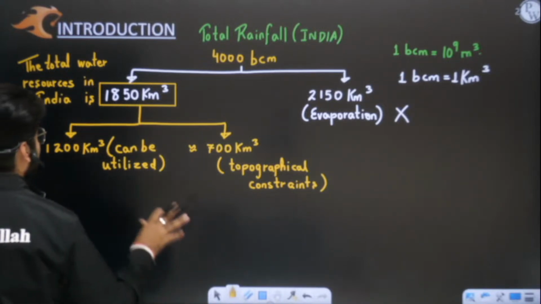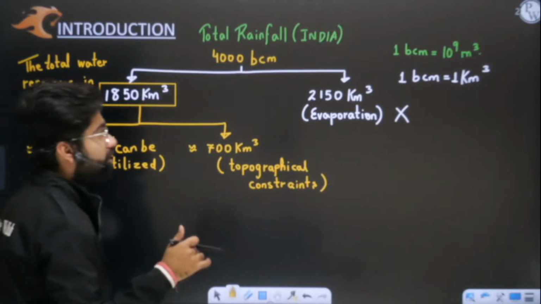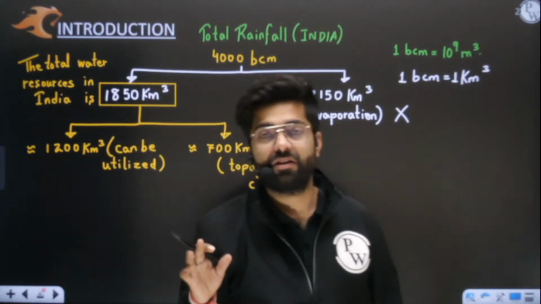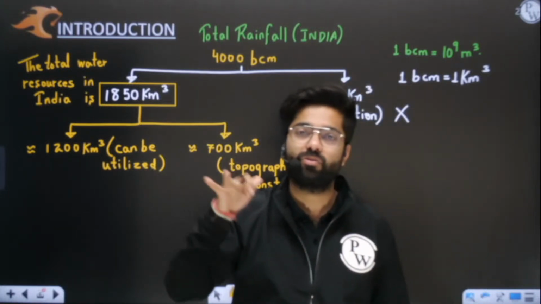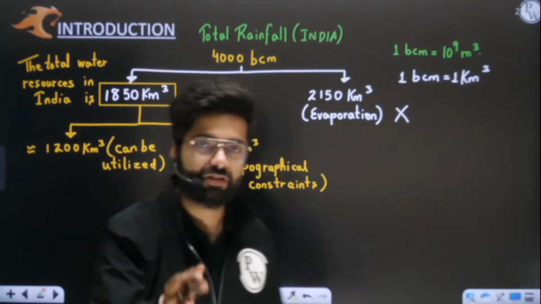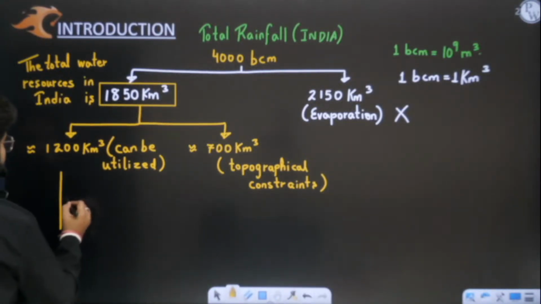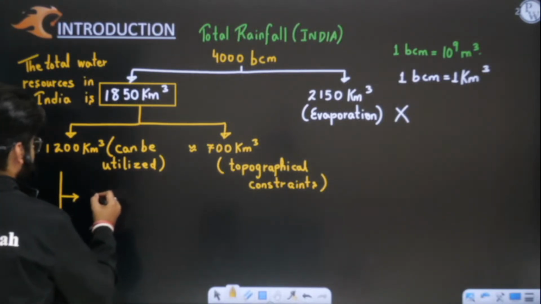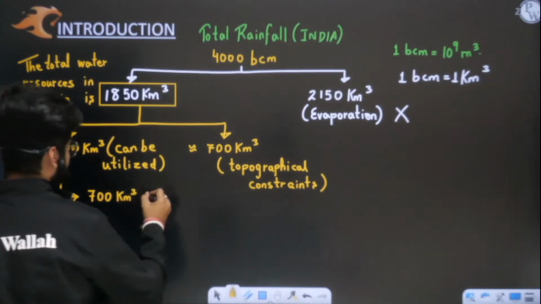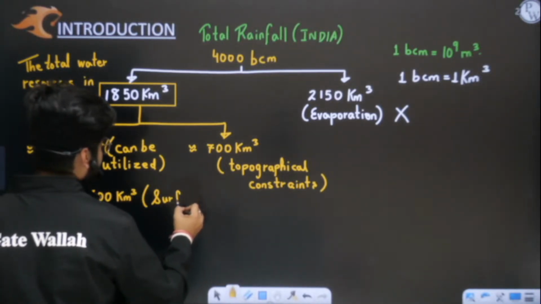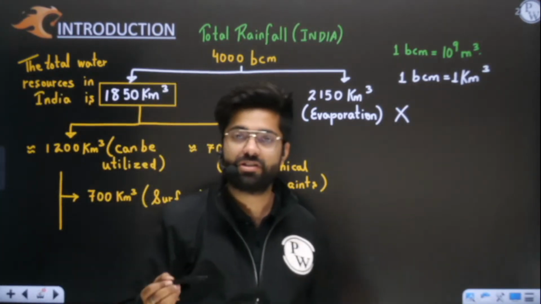Yes or no? Now, out of this total 4000, only 1200 we are left with. Now, out of this 1200, you need to understand some water remains on surface and some goes in the ground. Out of this 1200, 700 kilometer cube of water remains on surface, which you see in the form of lakes, rivers, oceans, seas, like that.